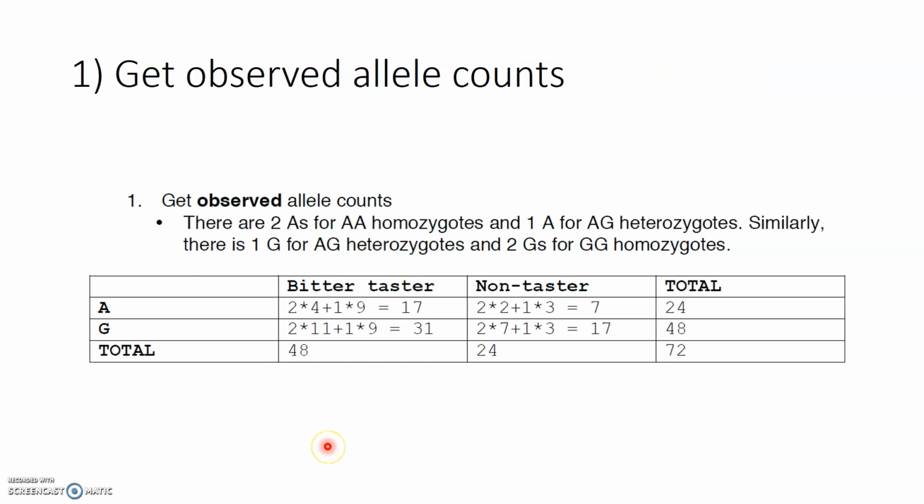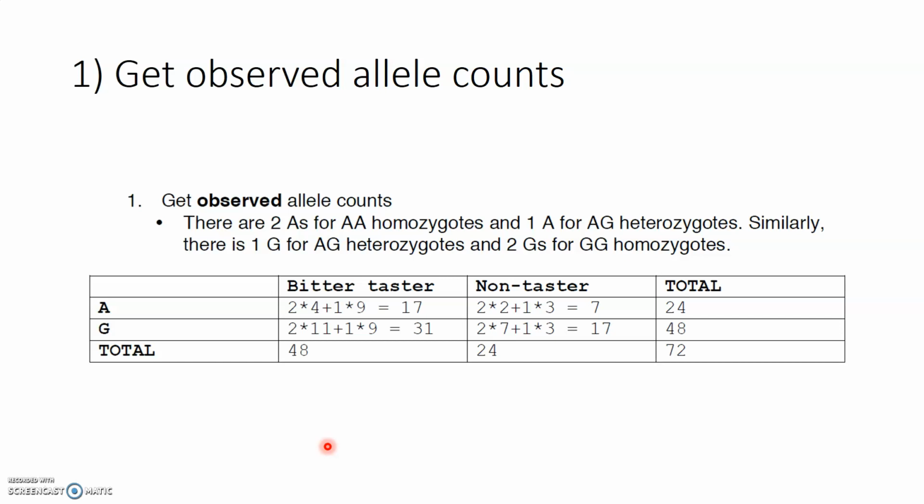And so what we first do is we get observed allele counts. We basically count up the versions of the particular SNP that those individuals have. For our AA homozygotes, they have 2 copies of the A allele, and so each one of those people gets 2 A's.